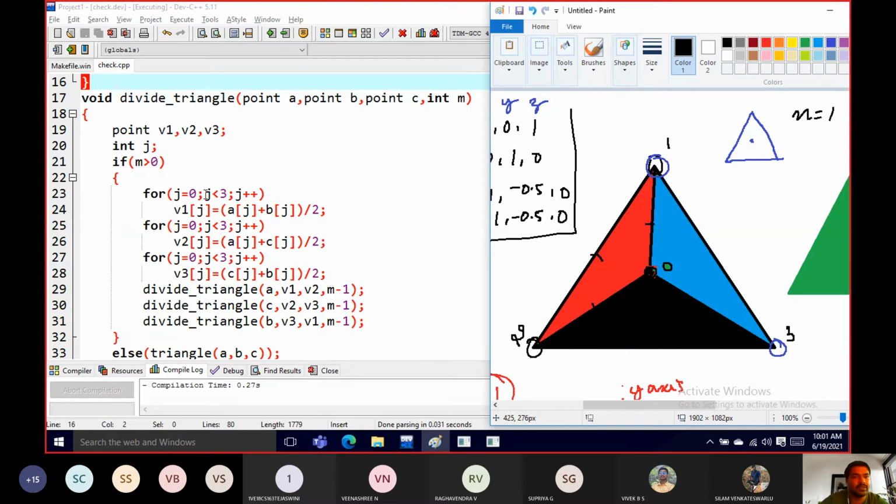For j equal to 0, j less than 3, j plus plus, V1 of j will be equal to A of j plus B of j divided by 2.